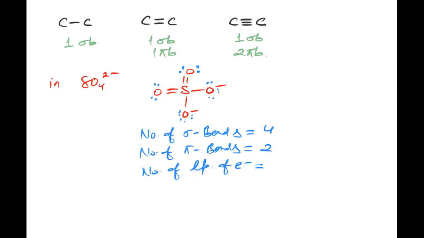So as far as total lone pairs of electrons is concerned, it is 3, 3, 6, 6 plus 2, 8 plus 2, 10. Total lone pairs of electrons is found to be 10. So in the case of sulfate ion, you can find out the number of sigma bonds, pi bonds and lone pairs of electrons.